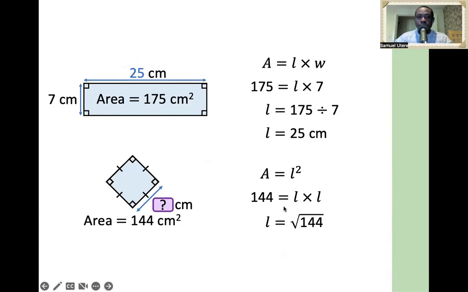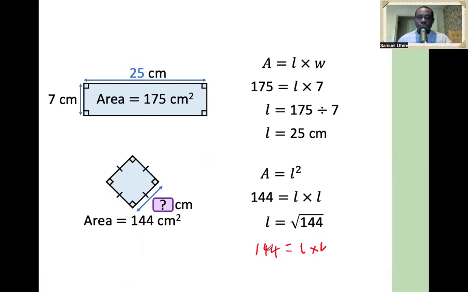So when you're looking for something, if we were to write this, we would say 144 is equal to length times length, or length squared. So to get length, you do the inverse of squaring, which is square root.